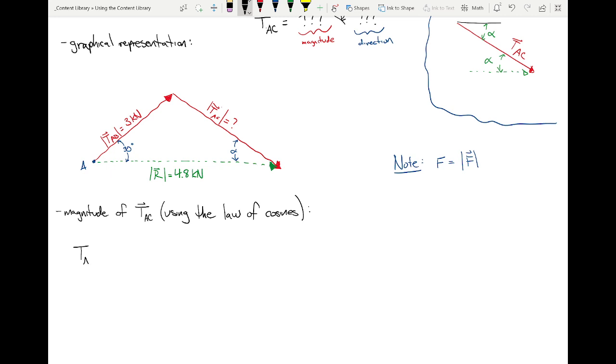So TAC equals. Remember the law of cosines. I'll put that also in a little thought bubble.